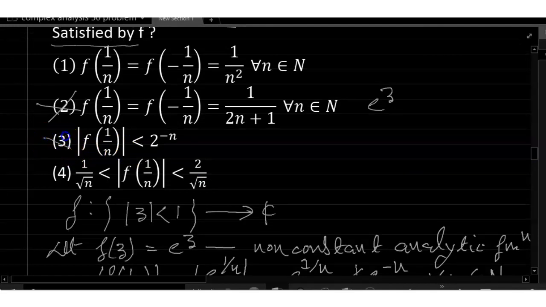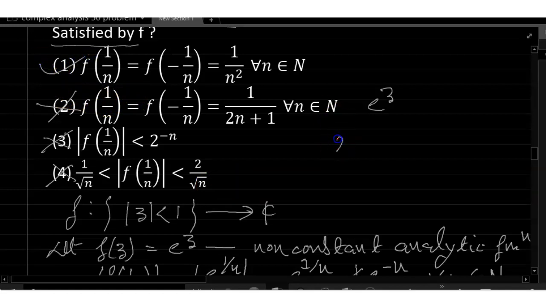This is not possible because of 1 by root n. So the only possible one is option 1.